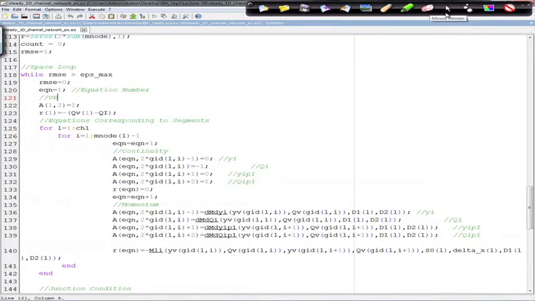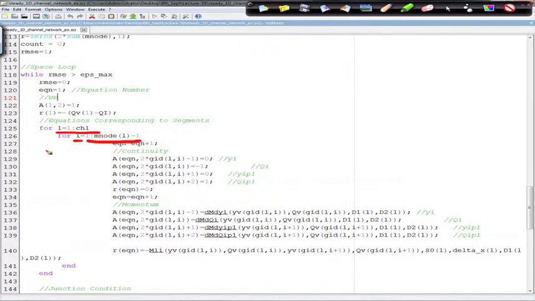Now, after that we can enter the equations corresponding to segments. For the equations corresponding to the segments, we have L equals 1 to channel number, then I equals 1 to m node minus 1.